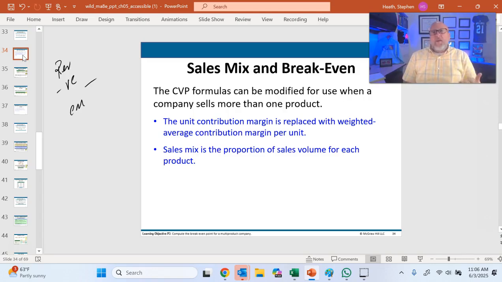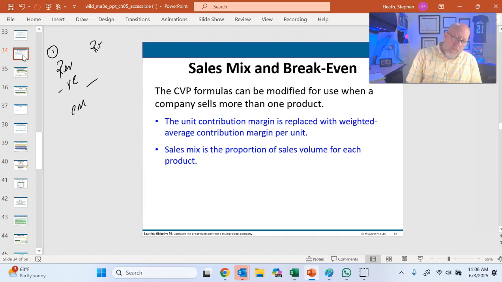We're now going to move away from that and we're going to do instead a weighted average contribution margin, right? So this could be product one, and then we'll have revenue, variable costs, contribution margin for product two. And what we're going to do is we're going to take the weighted average of products one and two, and we'll see what that looks like in the next example.